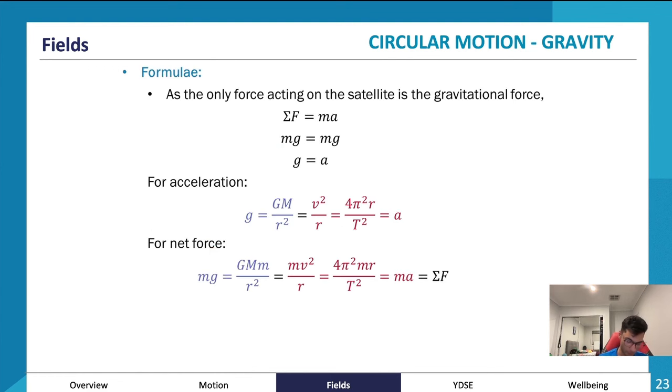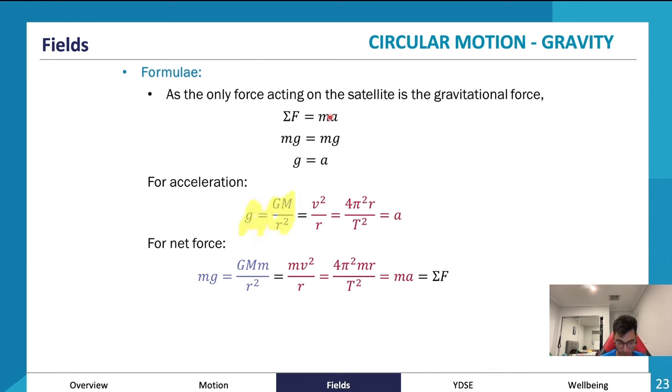Which brings us to this formula. Since we know the only force acting on a satellite is the gravitational force, we can equate the circular motion part to the gravitational part. This side is our gravitational.